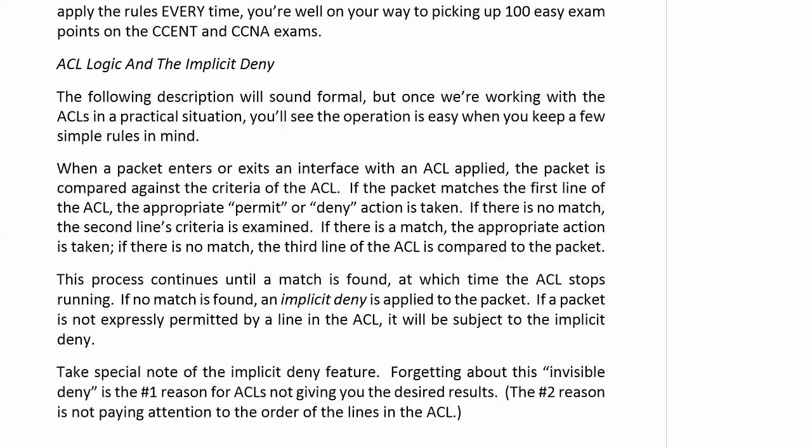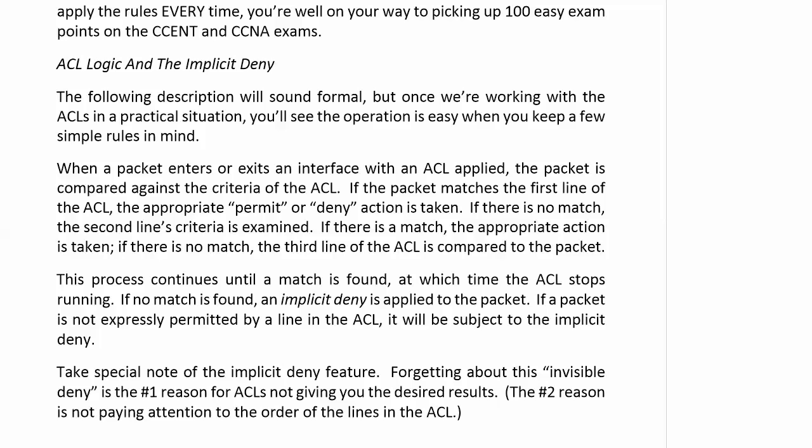Now, of course, the first obvious question here is, well, what if there's never a match? What happens then? Well, there actually has to be a match because of, I kid you not, an invisible line that's at the end of every ACL. You must remember this when you're taking your exam. Very important. That process is going to continue until a match is found, and as I mentioned, at that point the ACL stops running.